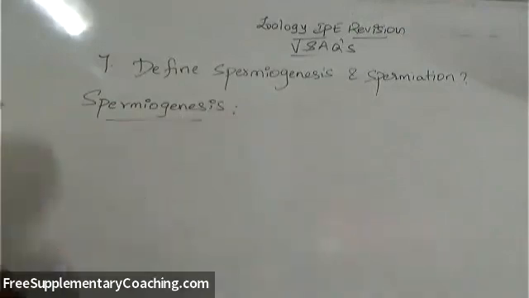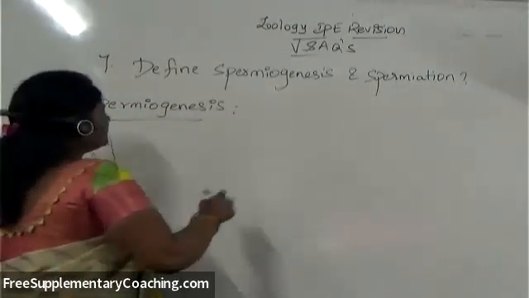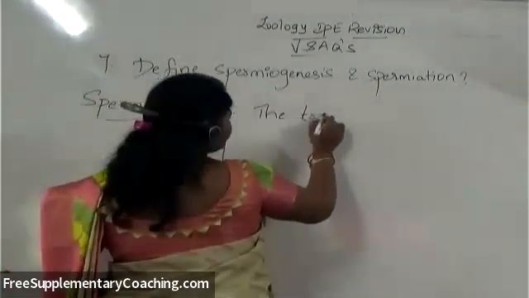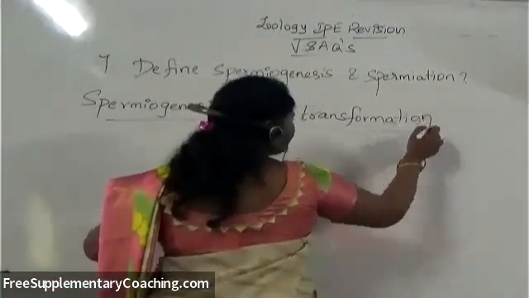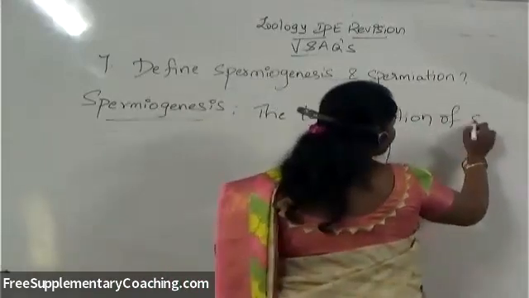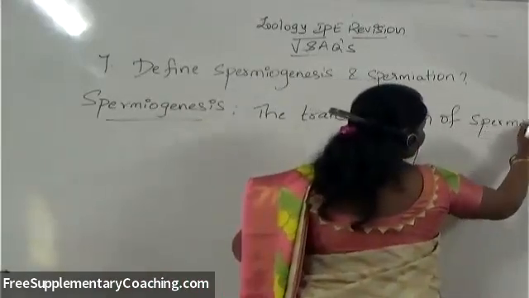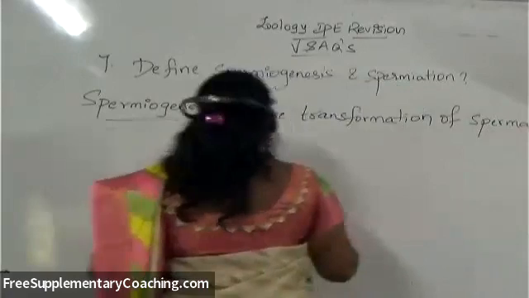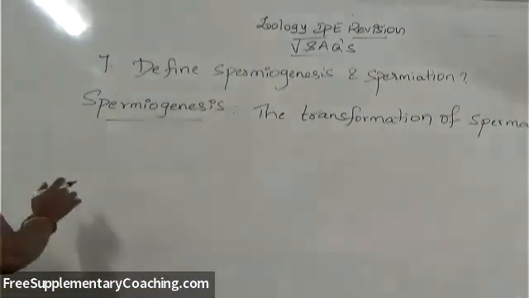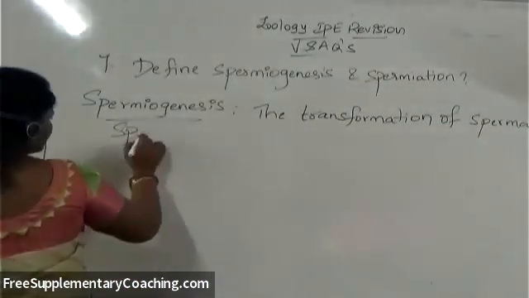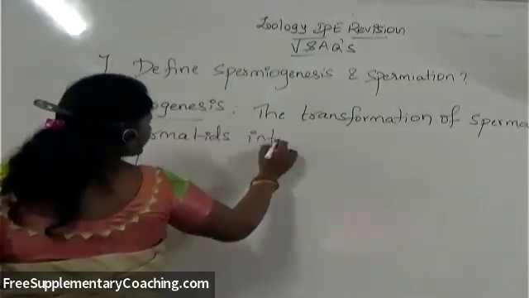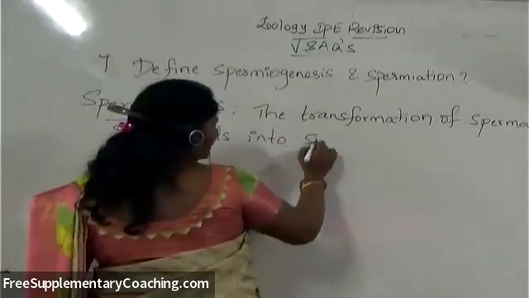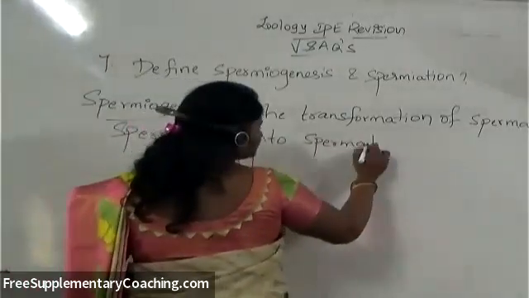Spermiogenesis is the process of transformation of spermatids into sperms or spermatozoa.